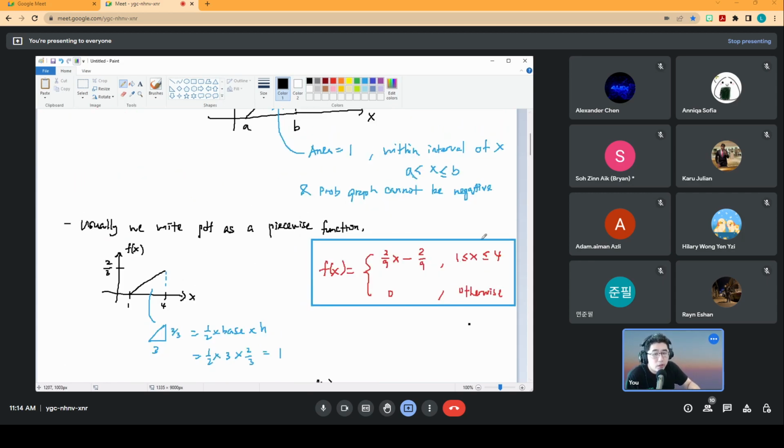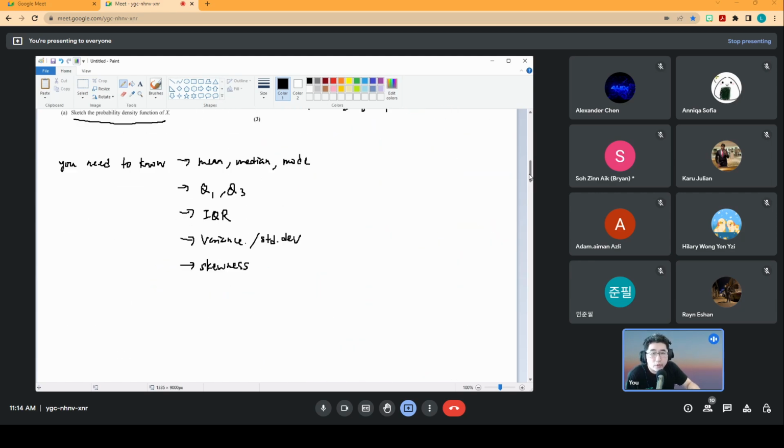So f(x) equals 2 over 9 x minus 2 over 9, from 1 to 4, and 0 otherwise. I'm using this example.